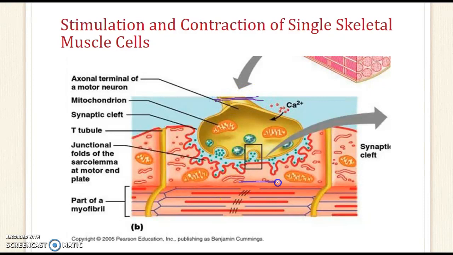Here's your muscle here. You can actually see here's a Z disc and here's a Z disc, so that's one sarcomere. Here's your actin, here's your myosin, and this is your sarcolemma right here, okay? So sarcolemma of your muscle, here is your axon terminal of the neuron, and then you can see this microscopic little gap in between them, and that is called the synaptic cleft.